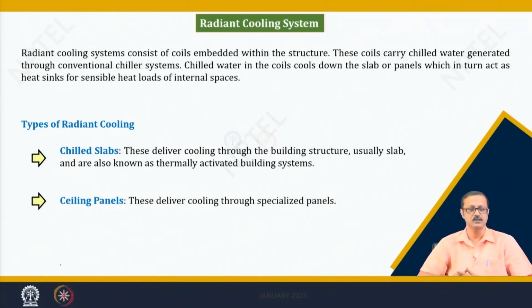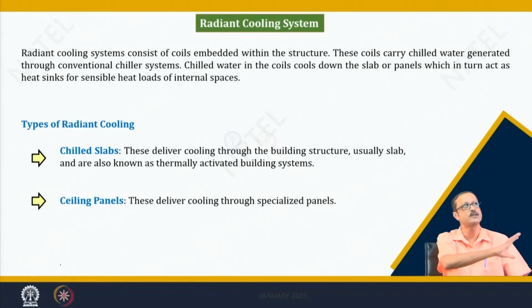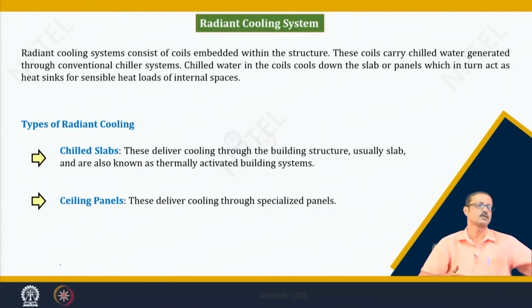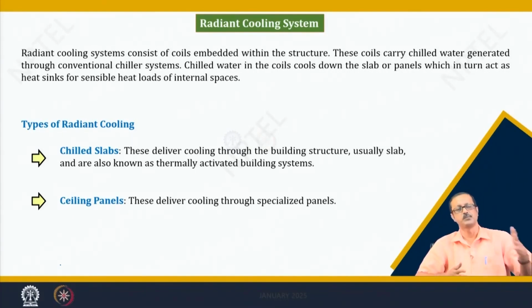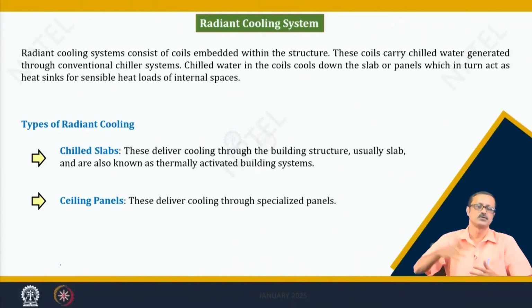A similar chilling panel can also be provided as a part of the wall, or maybe the full wall, where chilled water passes through the wall system itself. Definitely that wall must be the external wall, because that takes the maximum amount of heat gain, and that heat gain will be nullified by this flow of water.